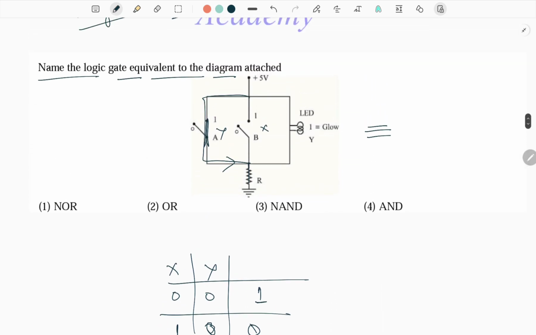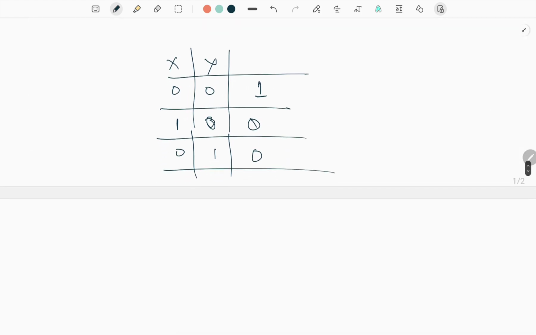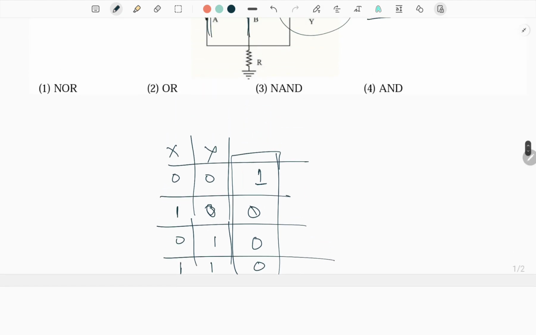And if we close both of these, then definitely current will not flow through this section, so the bulb will not glow. So 1 1 gives 0. So the bulb will glow only in one condition.